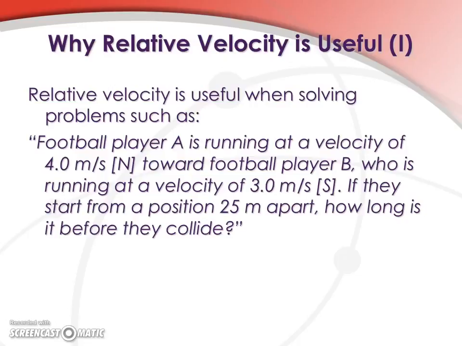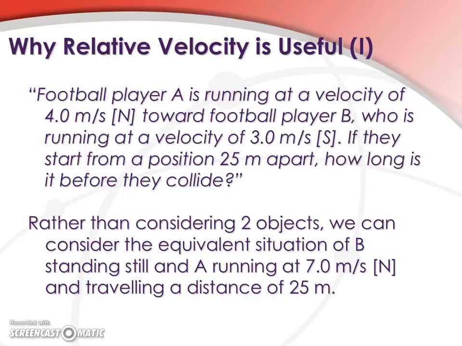If they're 25 meters apart when they start, how long before they collide? Very challenging to do this problem if we don't combine their velocities by changing the point of reference from the ground, which is how we started, to one of the other perspectives, either the perspective of the player A or player B.